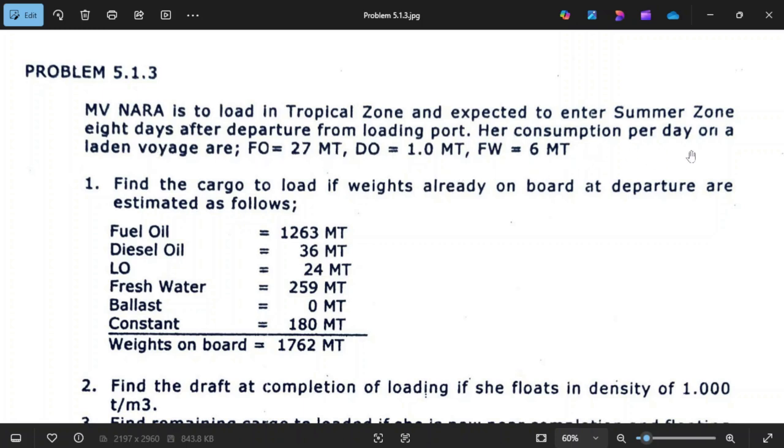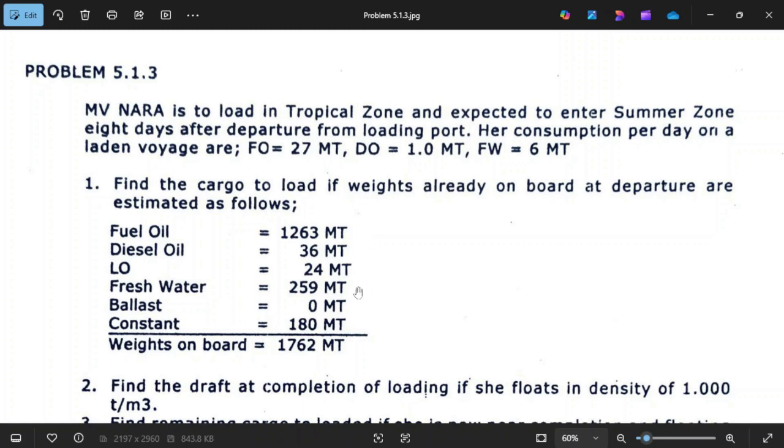Her consumption per day on a laden voyage are: FO 27, DO 1 metric ton, and freshwater 6 metric tons.